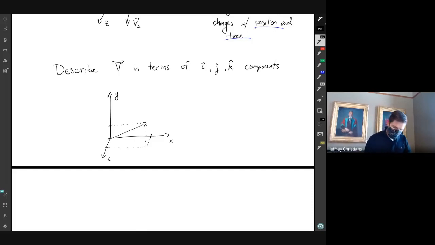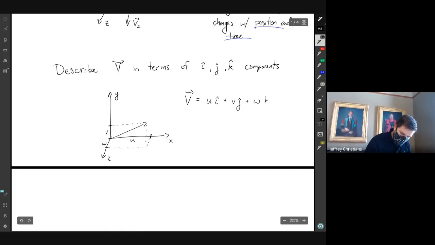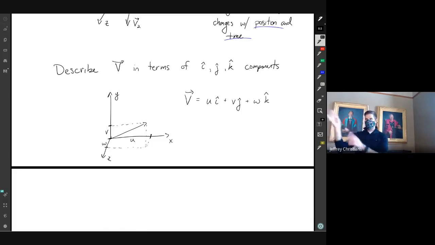What we call them in fluids, the nomenclature that we'll use, is that the x component is u, the y component is v, and the z component is w. So the velocity vector V equals u i hat plus v j hat plus w k hat, where i, j, and k are the unit vectors in x, y, and z.